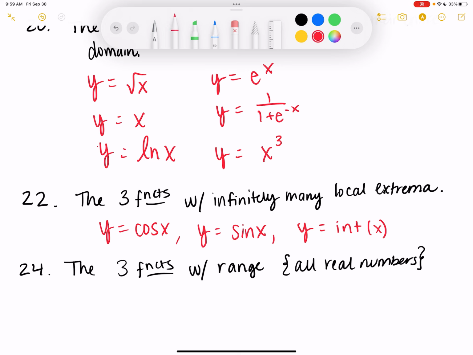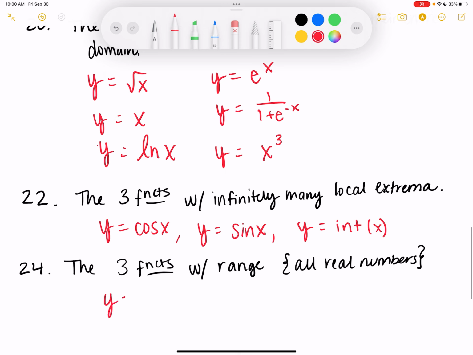So that means it takes on all y values from negative infinity to positive infinity. Not all over, it's all y values. Is y equals x? Yes. Y equals x squared?